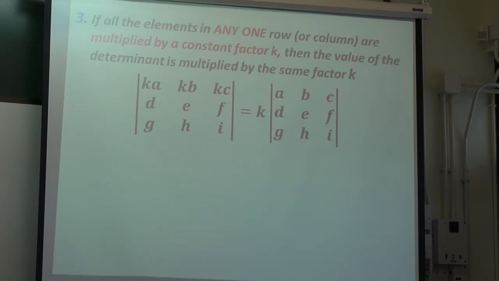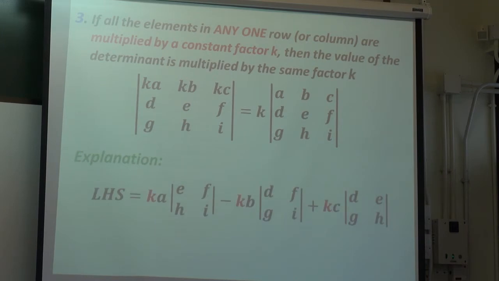Can you see that? Right, it's either along the row or along the column. In this example, it is along the first row. We have common factor k, right? Okay, so can we take this k as a common factor? This would be yes, because according to the expansion and the right hand side.